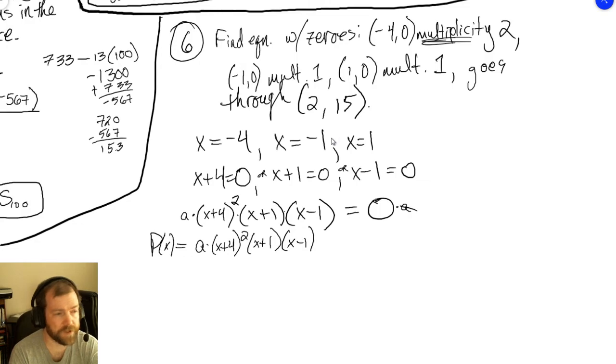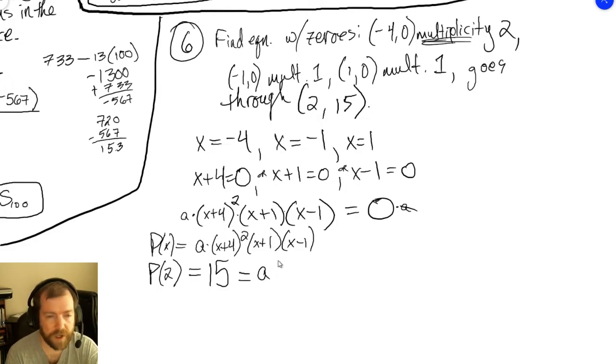That's the only other piece of information we have. So p of x is going to now become p of 2, x value of 2, y value is 15. And that is set equal to a times the quantity 2 plus 4, parentheses squared, times 2 plus 1, times 2 minus 1.